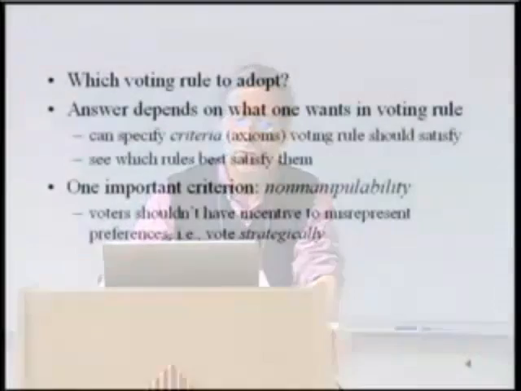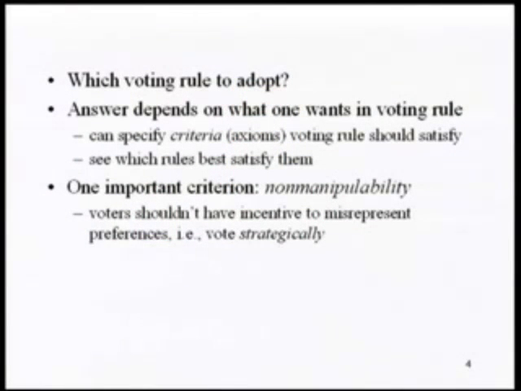The idea here is that we don't want voters to have the incentive to vote at odds with their actual preferences. We don't want them to have the incentive to vote strategically.